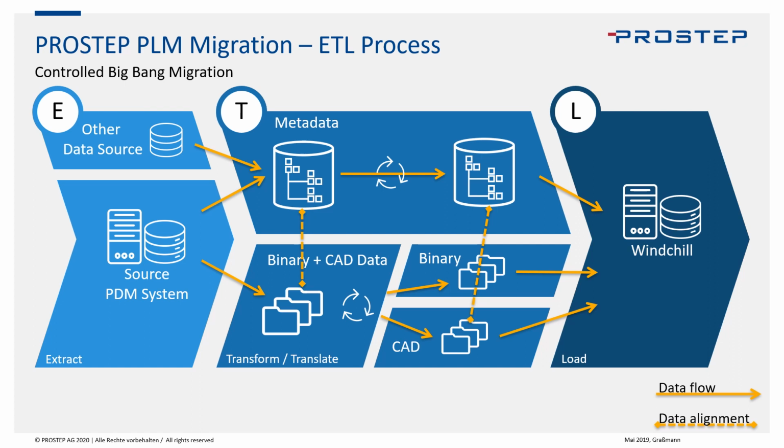And with that, we also run the transforms if there is any translation on the binary data and the CAD data, generating PDFs or JT, CGR, Creo View, other things like that. And then load the data on the right-hand side with those arrows.